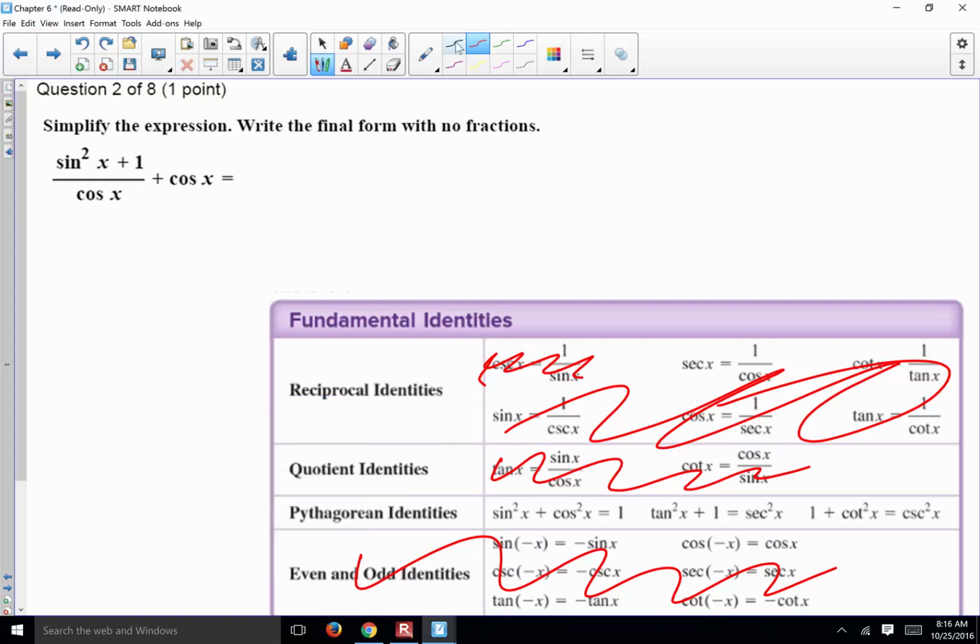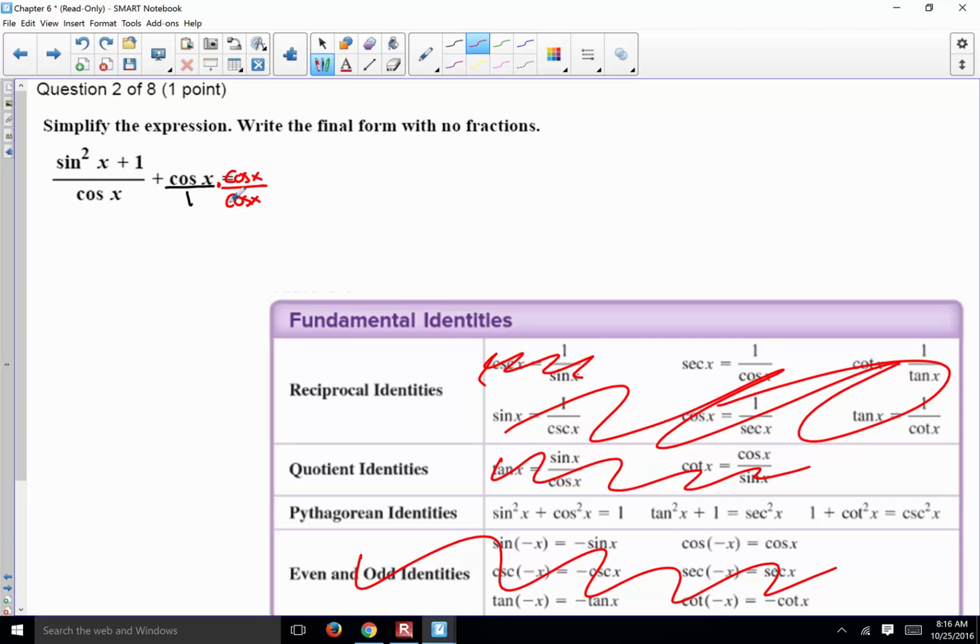So Kylie says this doesn't have a denominator. This has a denominator. Why don't we add these up first by multiplying this top and bottom by cosine x? So I will multiply top and bottom by cosine x. So we can have a common denominator between these two fractions.